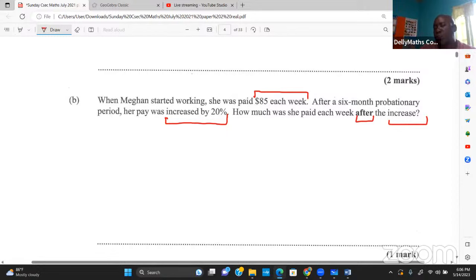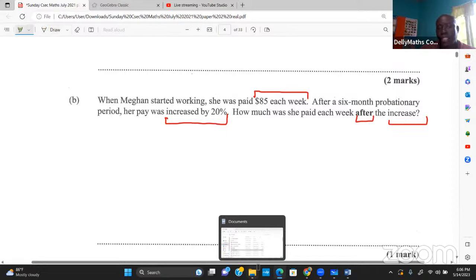There are a number of ways you could do this, but I'm just going to flow one particular way. So this was her original money right there, $85 per week. She's going to get 20% more added to that. So you could just do the regular, finding 20% of that $85. So 20% of that $85 looks like about $17. Hold on, let me make sure.